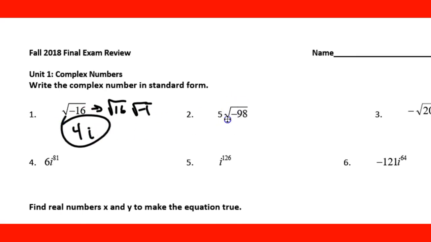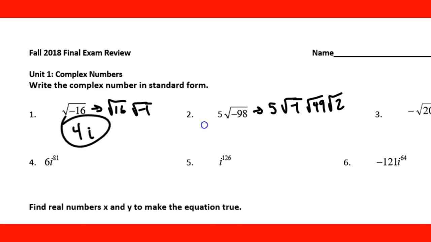Right here, we have 5 times the square root of negative 98. Well, we're going to break this apart. We have 5, and we're going to take out the negative 1, because we don't want a negative radical. And then we're going to use 49 times 2. 49 times 2 is 98, guys.